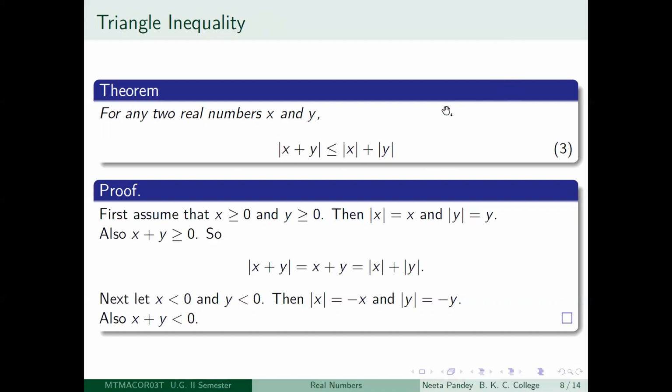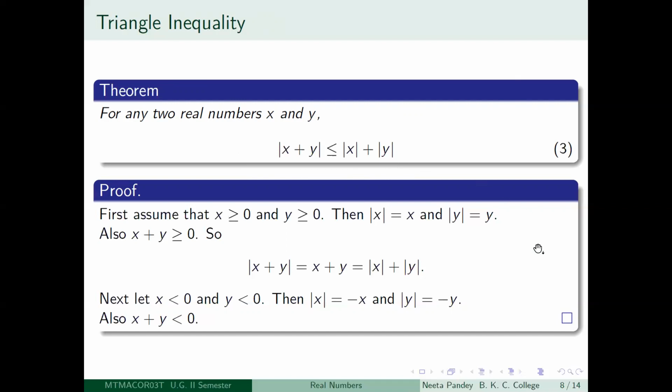This will take you a longer distance than if you started from the initial point and went to the final point straight away, covering a distance of mod x plus y, right? Since it comes from that triangle path, it is called the triangle inequality, and it just says that mod x plus y is less than or equal to mod x plus mod y.